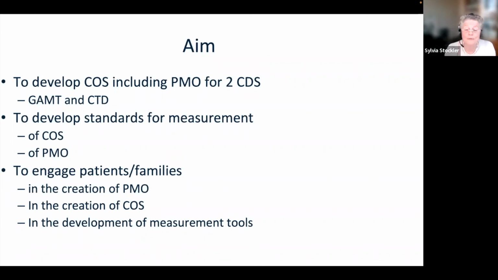It shouldn't be tools that can only be applied in 5 centers in the world, and others cannot, because they just don't have the ability to do it. So it needs to be something that can be applied by a wide range of centers. And it also needs to be something that has been validated, where we know that when they measure something, they really measure the right thing. So this is the second part of the project.